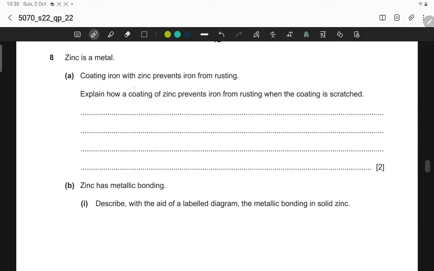Zinc is a metal. Coating iron with zinc prevents iron from rusting. Explain how a coating of zinc prevents iron from rusting when the coating is scratched.